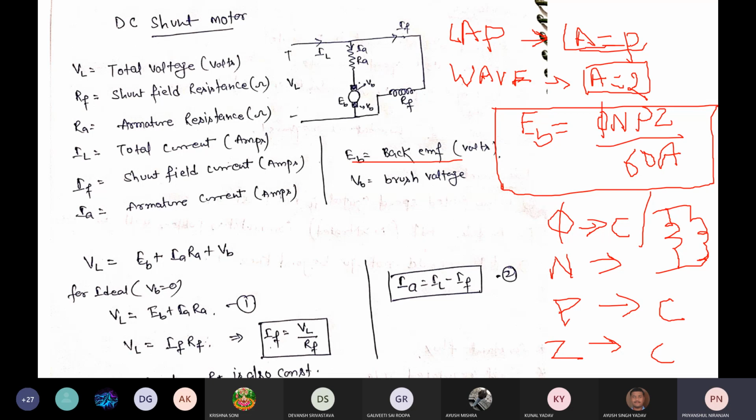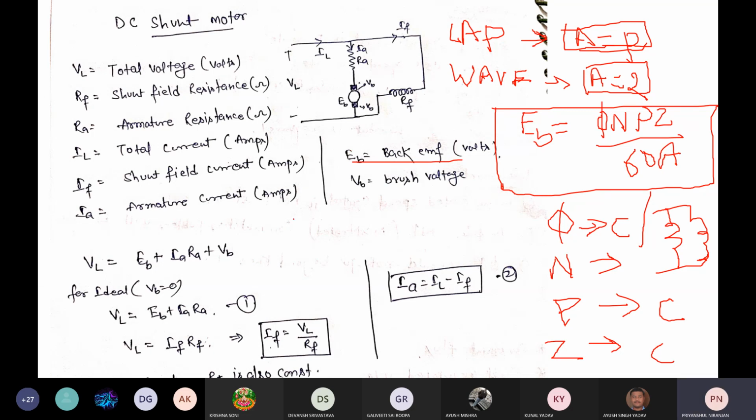In lap winding it depends on the poles. When we use a two pole machine, A equals 2. When we use a four pole machine, P equals 4, then A is also 4. So A is also fixed, because it only depends on lap or wave.